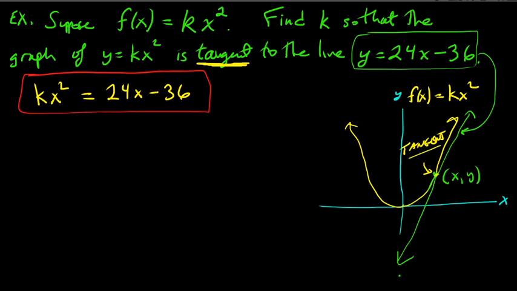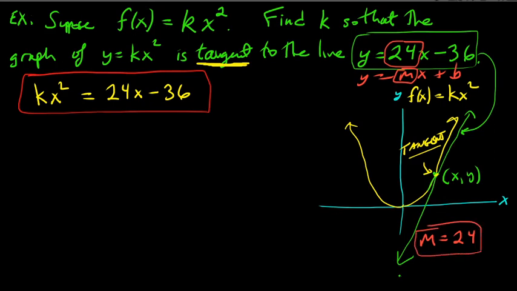The slope of the tangent line is the slope of the green line. This is just y equals mx plus b, so m is just the number in front of the x. So the slope of this green line should just be 24. Of course, if you take the derivative of 24x minus 36, you get 24.